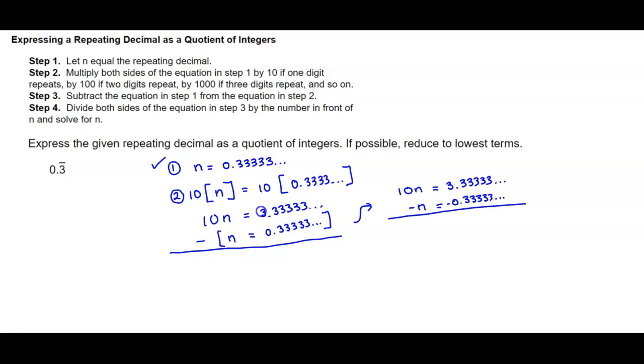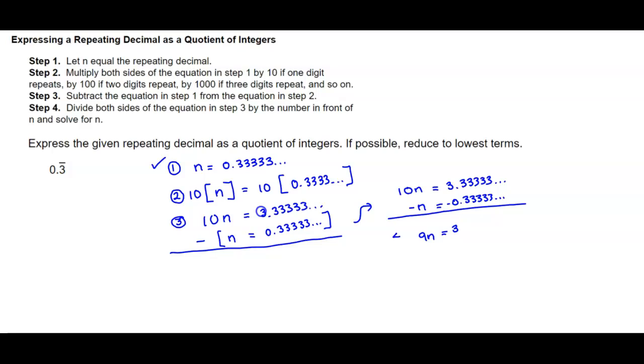Now we're going to subtract 10n minus n. When we do that, we get 9n. And 9n is going to equal 3.333 minus 0.3333, which gives us 3, because the decimals are now going to become 0.